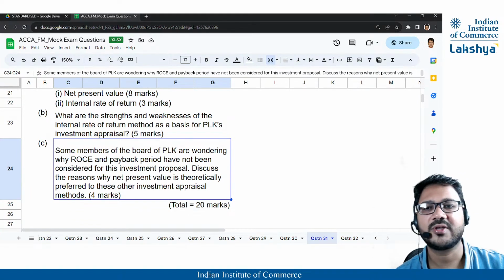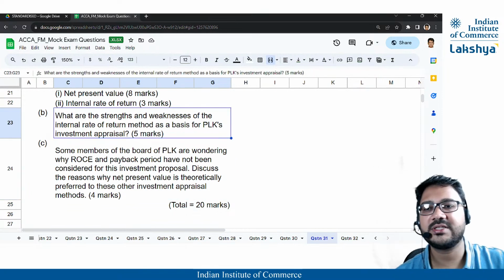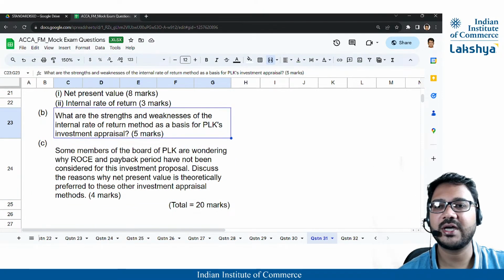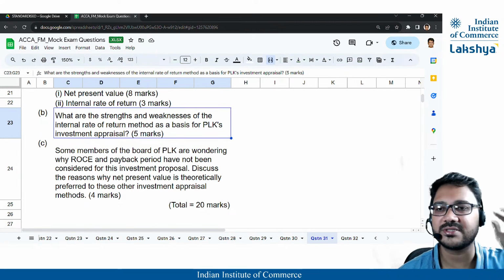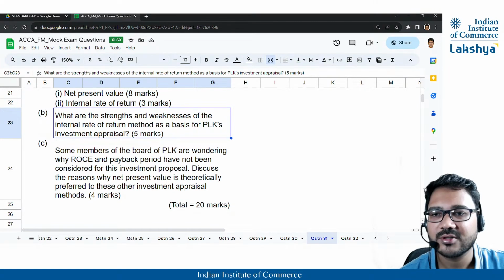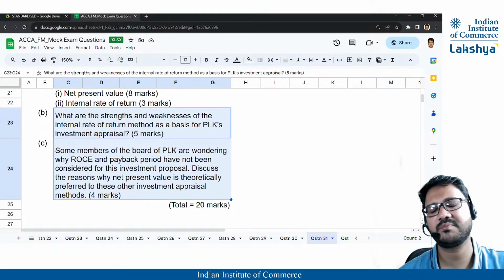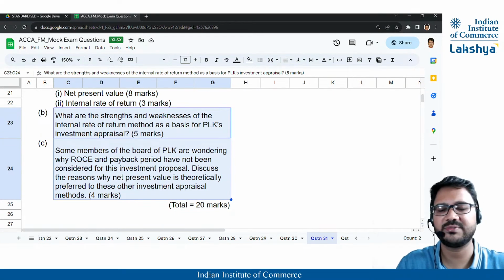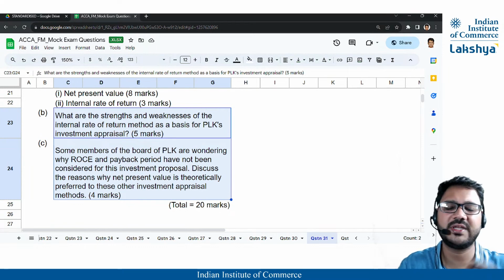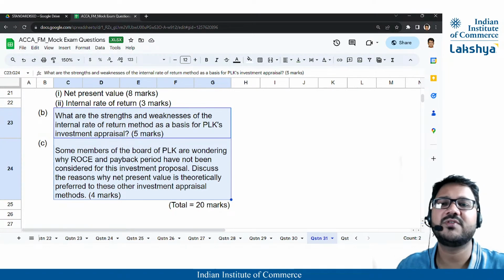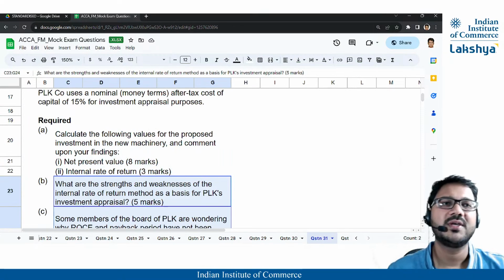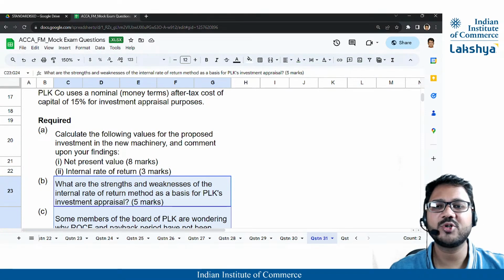All of that. What are the strengths and weaknesses of the IRR method as a basis for PLK's investment appraisal? So basically all the methods of investment appraisal that we have learned, all of their strengths and weaknesses, we shall relate to PLK. It won't be just separately written.